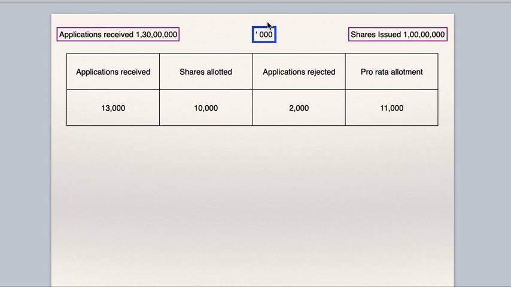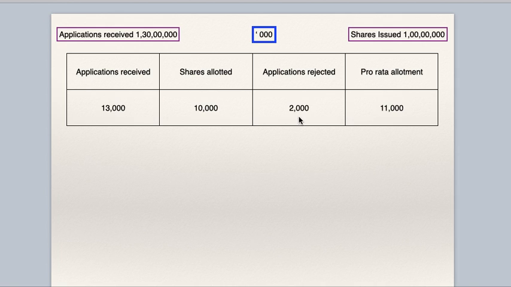We'll consider rupees in thousand. So hide 3 zeros. Applications received are 1 crore 30 lakhs. If you hide 3 zeros, applications received would be 13,000. Issued capital is 1 crore. If you hide 3 zeros, shares allotted, issued capital would be 10,000.